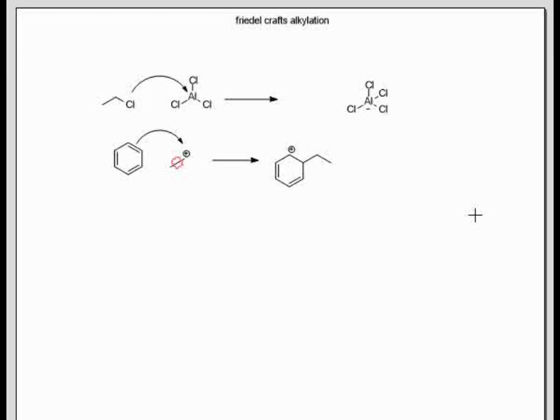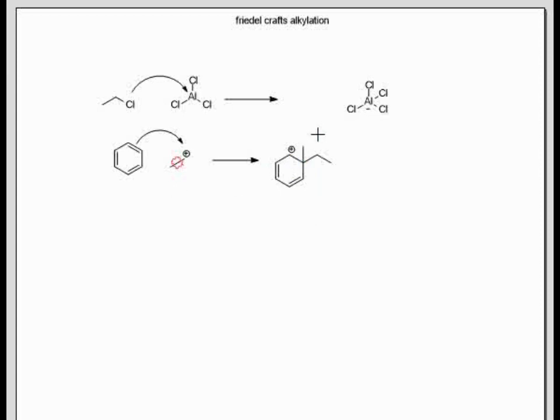Yes, I was wrong. This was the RDS because in this step the benzene lost its aromaticity. It was a 6 pi electron system, and now it has only 4 pi, so it's not aromatic.